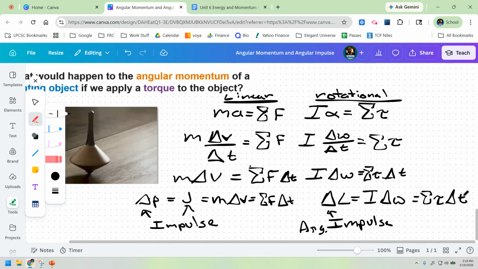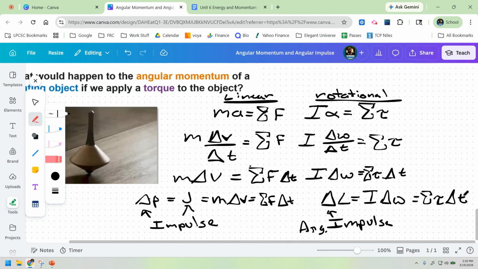So just like something in motion, if there's an airplane in motion and I push the airplane, it goes faster. If there's an airplane in motion and wind pushes against it and it slows down the airplane, that change in momentum, we call that impulse. And what is that equal to? It's equal to that force applied over time. And it's the net force, because sometimes an airplane is pushed by the wind from behind or from the side, that's going to be a force applied over time.